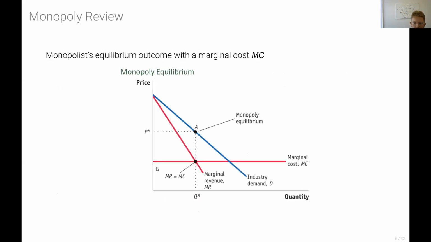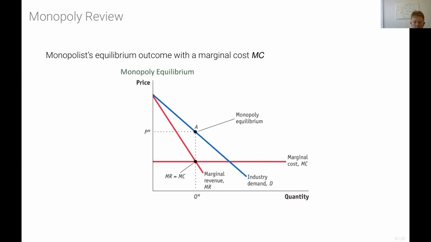Just graphically now, we have a standard downward sloping demand for the good that the monopolist is going to produce. That's D. We have a fixed marginal cost, so we're just going to think that marginal costs are perfectly flat.